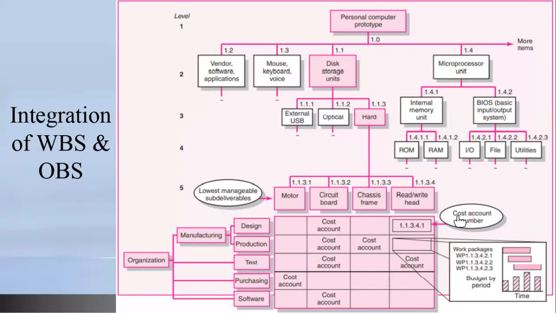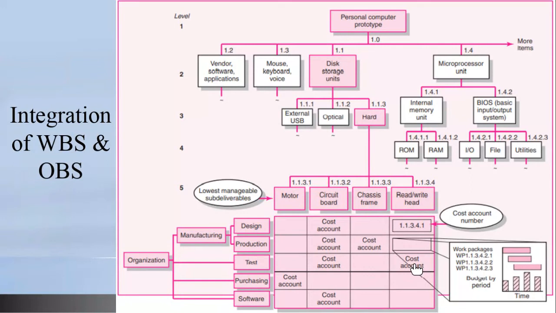So the 3 cost account numbers 1, 2, 3 will add up to form a cost account, right? That cost account will accrue to production, testing as one, and perhaps design as one. So the 5 work packages are assigned to design 1, production 3, testing 1.